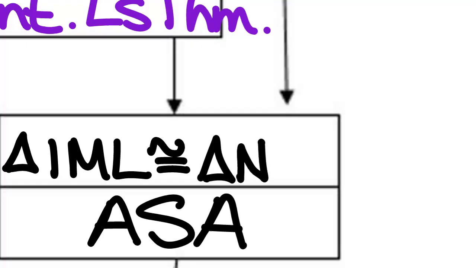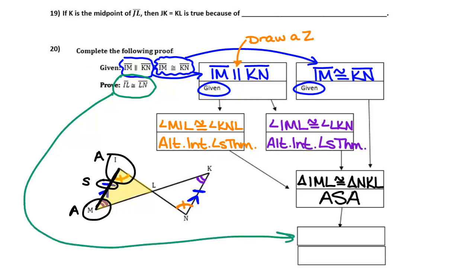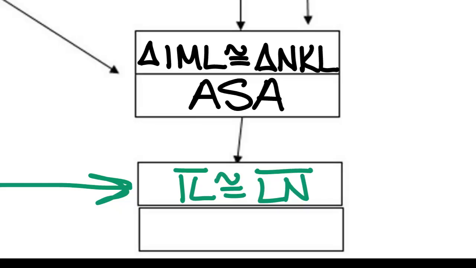M corresponds to K. They're both marked with the 2 arc marks. So NKL. Is that what we were asked to prove? No. What were we asked to prove? That IL is congruent to LN. Segment IL is congruent to segment LN.